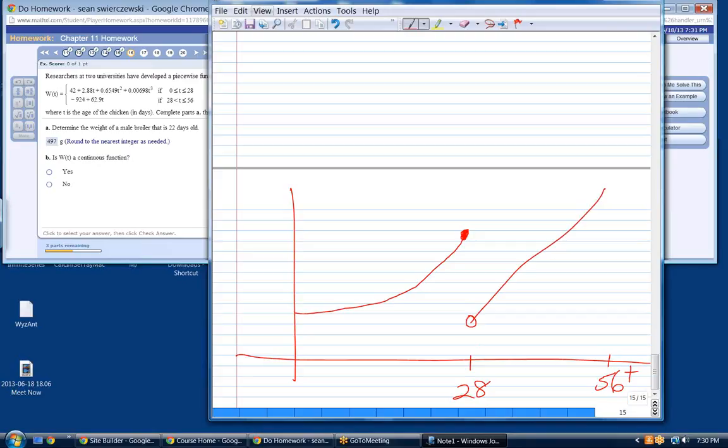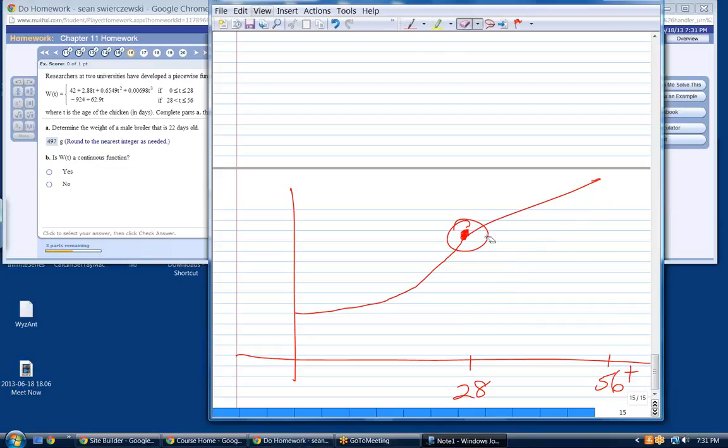So how do we figure out if it's continuous or not, without graphing it? What if we check 28? In other words, if we plug in 28 and we get a value right there, and we get exactly the same value in the second, then the second one must come off of the first one in some manner like that.